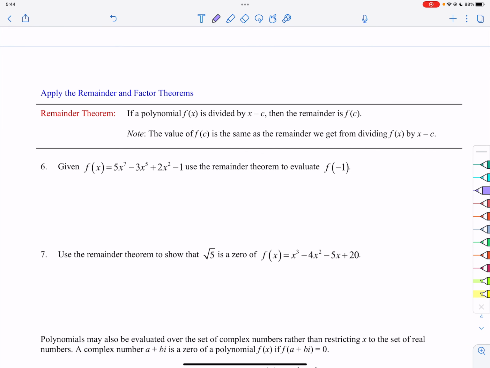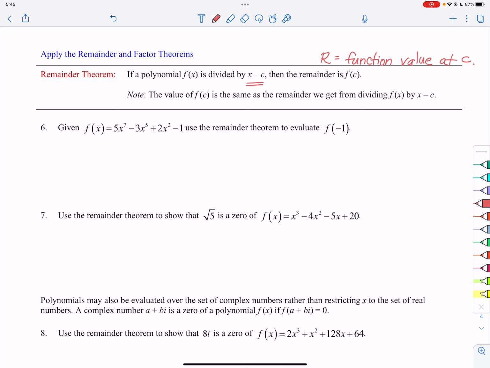So if a polynomial is divided by x minus c, whatever that remainder is is equal to the function value at c. So it's quite interesting. Let's give it a try.